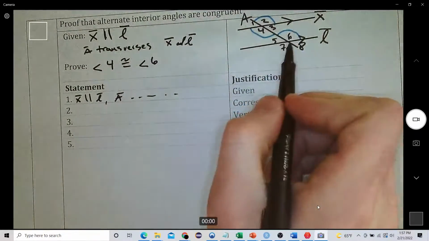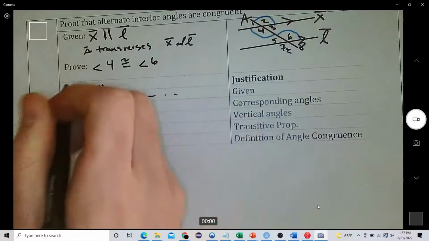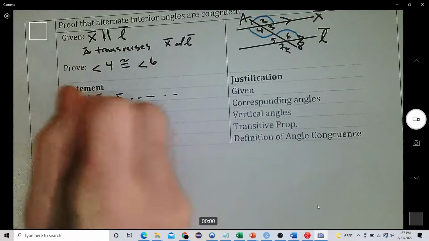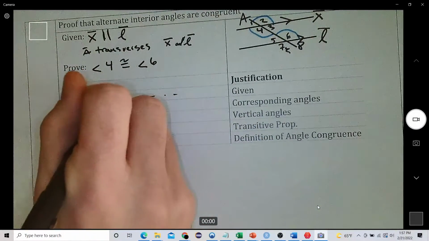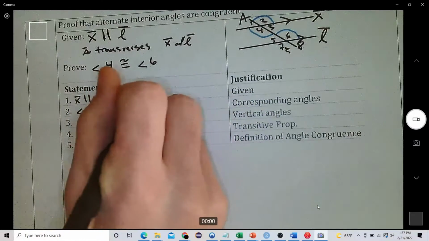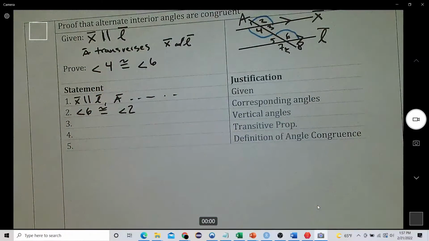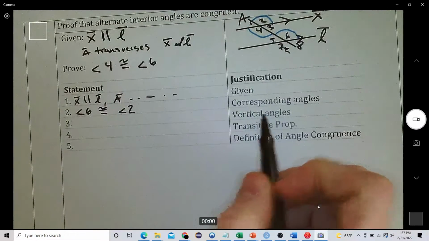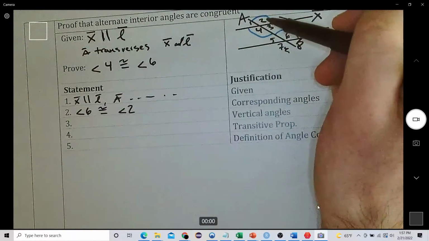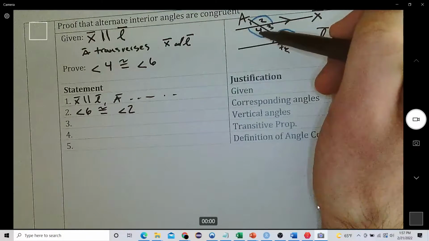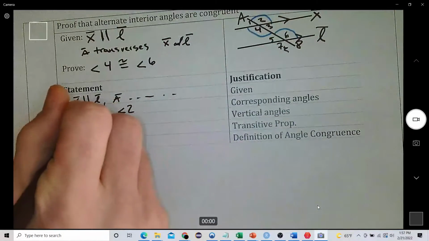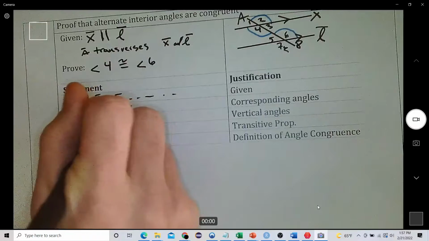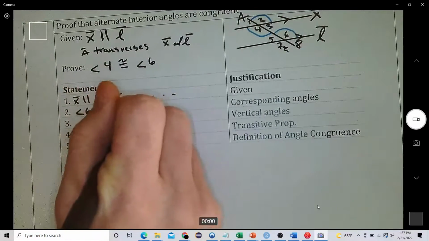Okay, so first statement here, corresponding angles. Angle 6 is congruent to angle 2. Fantastic. All right. And now we're saying angle 2 is vertical to angle 4. Angle 2 is also congruent to angle 4.